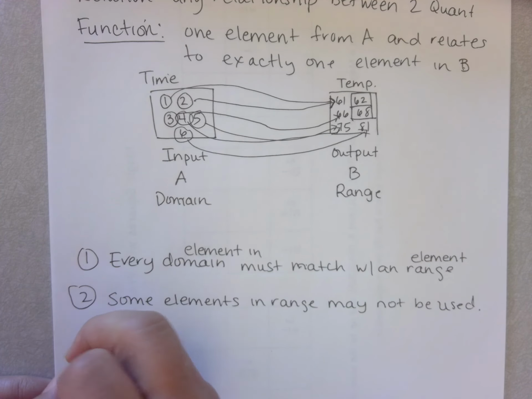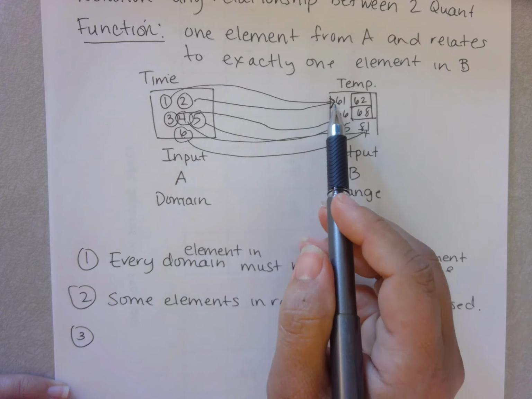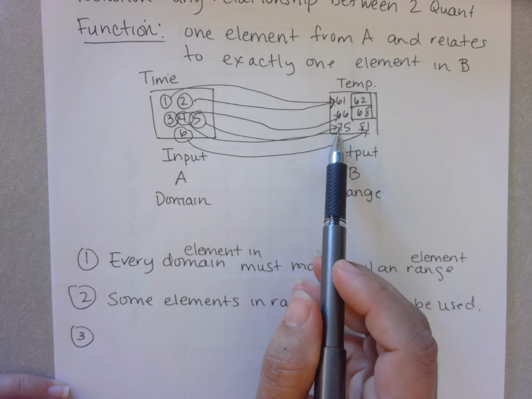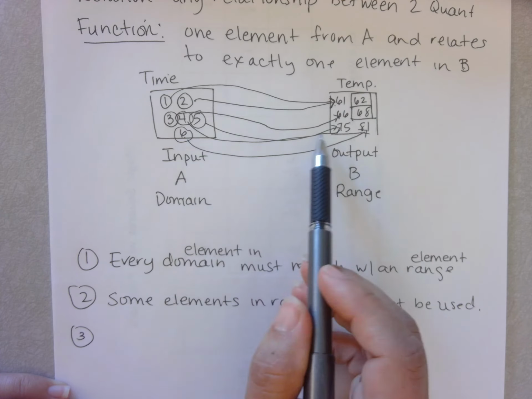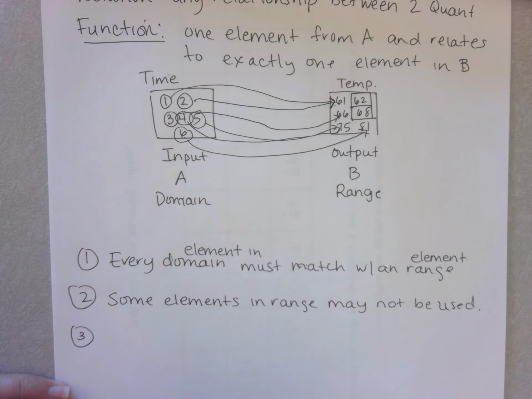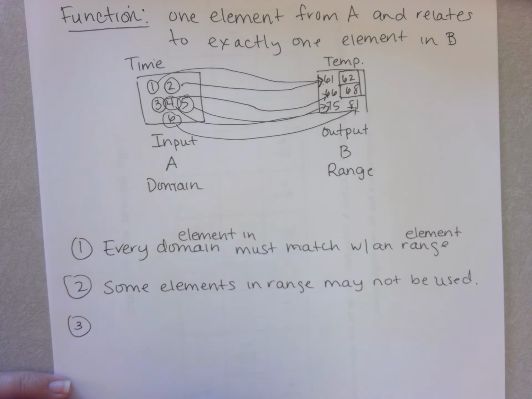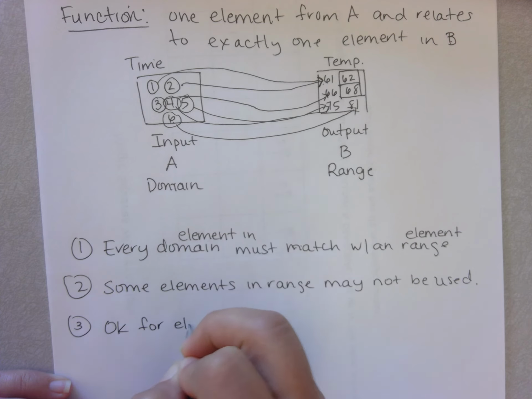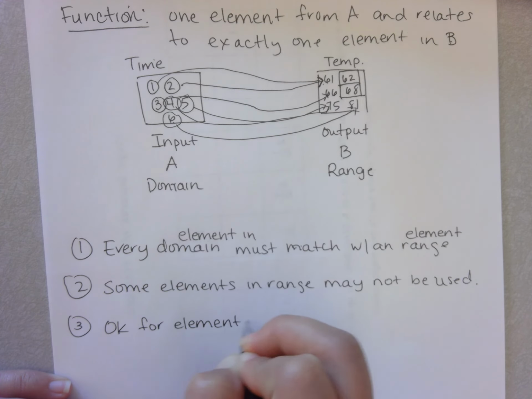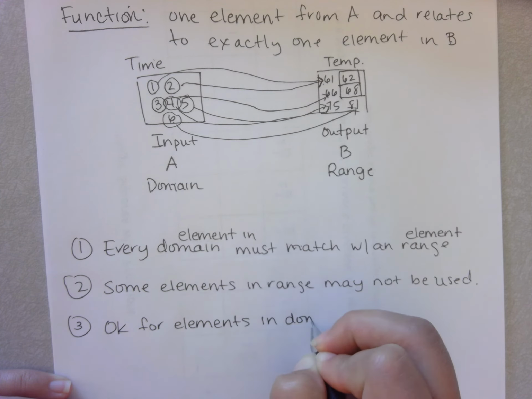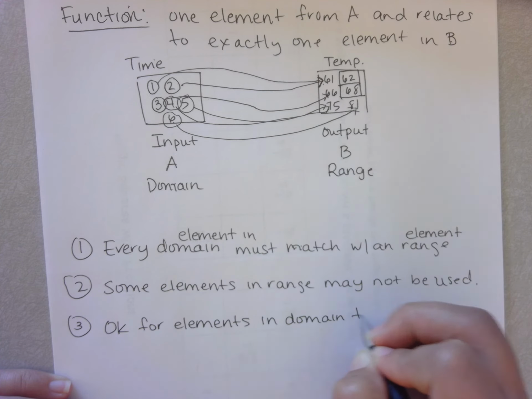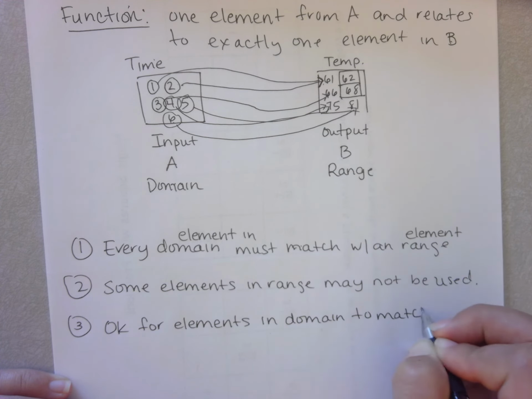You may also have noticed that 1 and 2 both matched up to 61, and 4 and 5 both matched up to 75. So it's okay for elements in the domain to match the same element in the range.